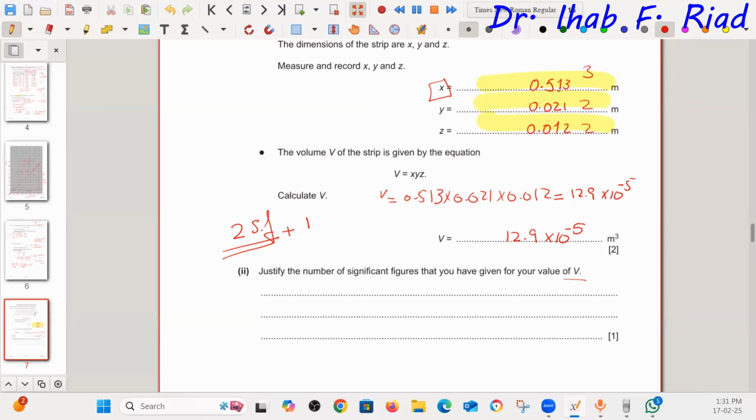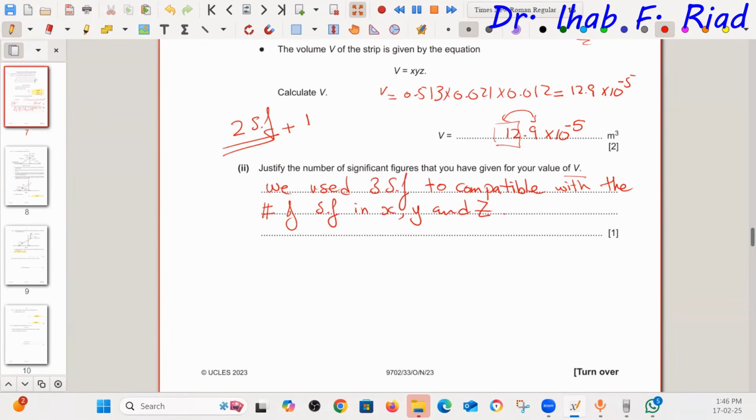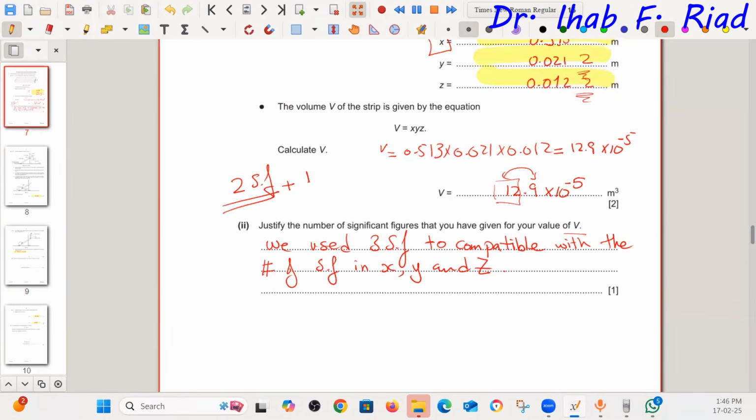So the one with the least significant figures is 2, right? So we can keep our value to 2 significant figures. This should be fine. Or we can give it 1 extra significant figure, as I did here. We used 3 significant figures.